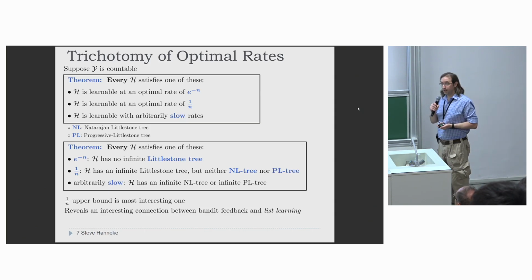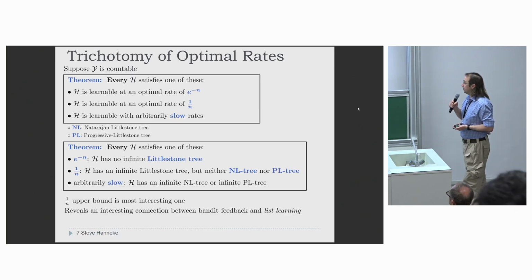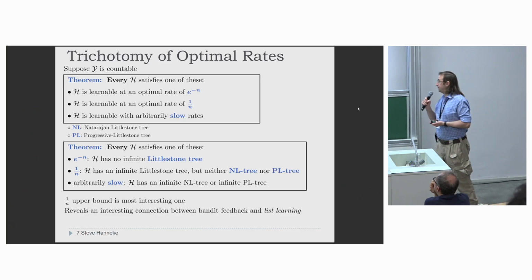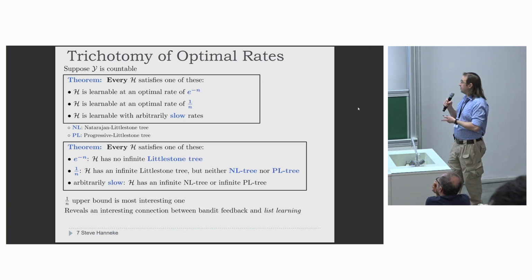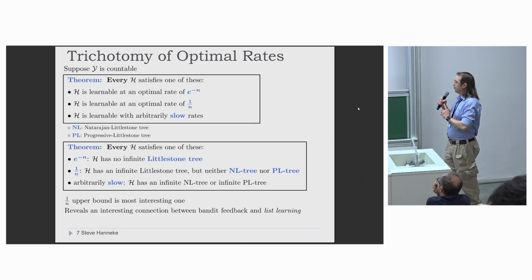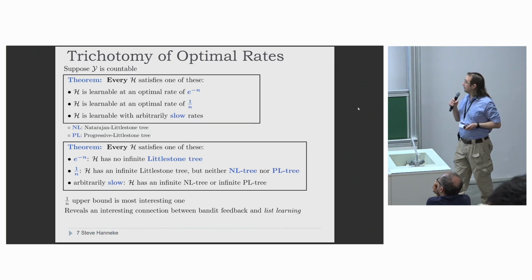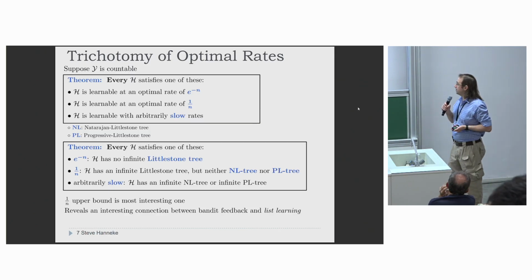A class gets exponential rates if and only if there's no infinite Littlestone tree. The 1 over n rates happen if and only if the class has an infinite Littlestone tree, but neither an infinite Natarajan Littlestone tree nor an infinite progressive Littlestone tree, which are two structures I'll define in a bit. And otherwise, it has arbitrarily slow rates.